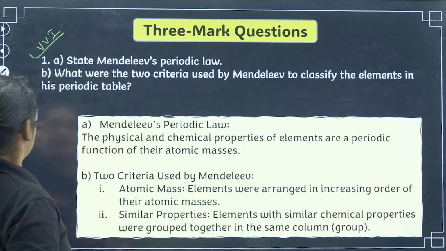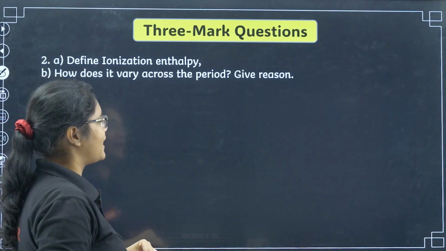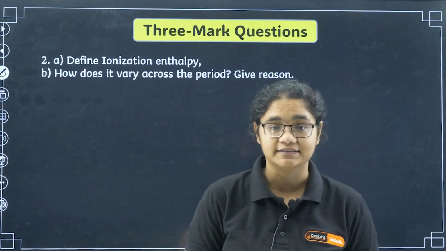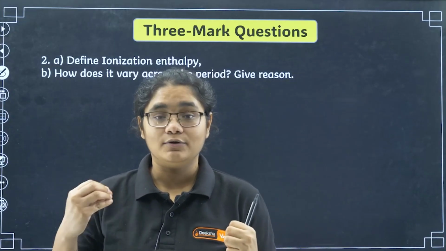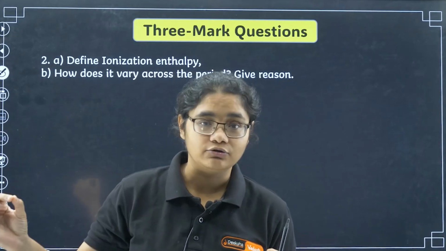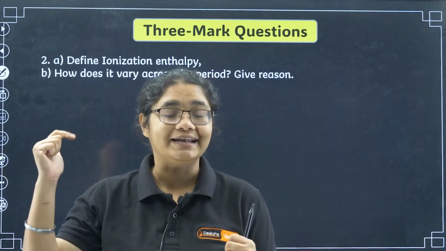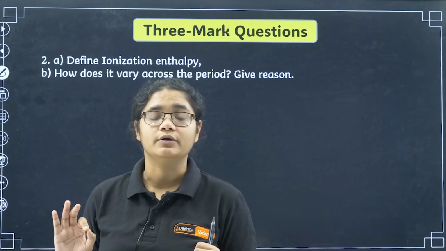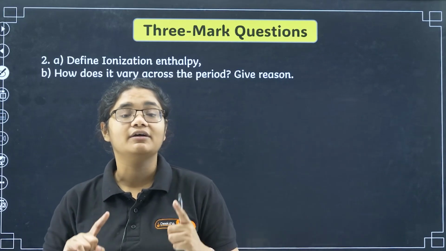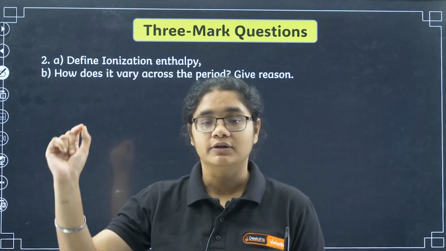Next, we have: define ionization enthalpy. How does it vary across the period? Give reason. Ionization enthalpy, as I discussed, is the energy required to remove a valence electron from an isolated gaseous neutral atom. These key words are very important.